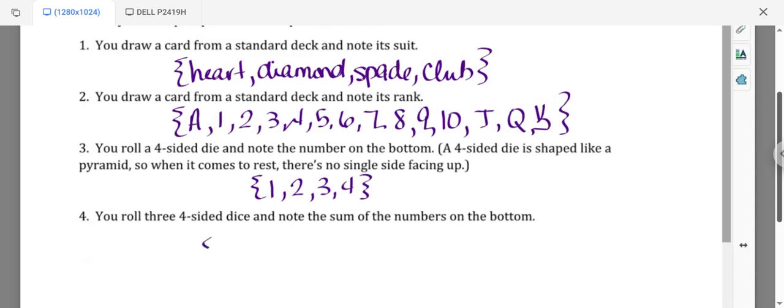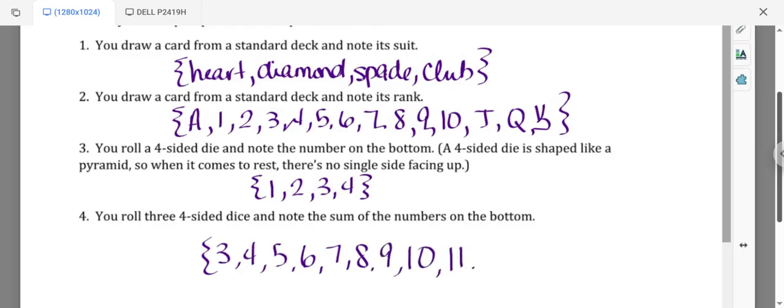So the lowest sum would be 3. All the way up to 12. Questions? Again, today is just going to be listing out your components.